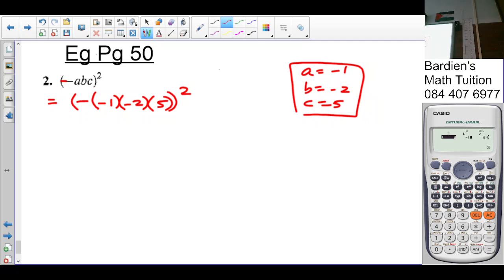The value assigned to a is negative 1. The value assigned to b is negative 2. The value assigned to c is 5. So wherever I see an a, I put a negative 1. Wherever I see a b, I put a negative 2, and wherever I see a c, I put a 5. So by doing that substitution, I put whatever a is in the bracket, whatever b is in the bracket, whatever c is in the bracket. That's all I do. Okay?